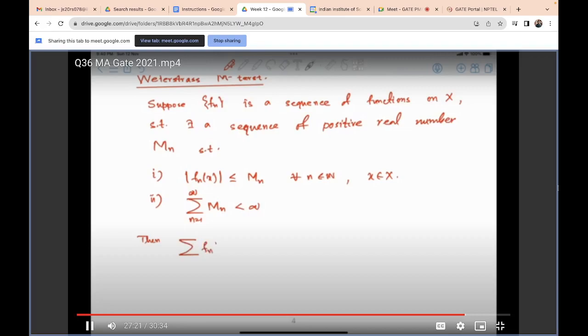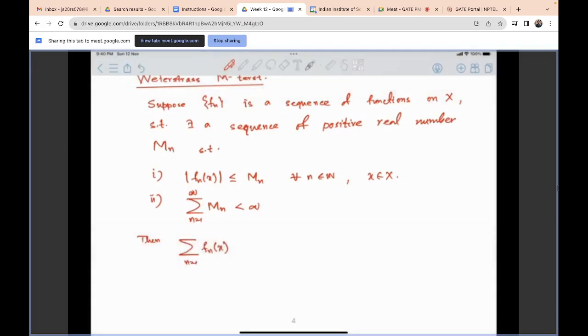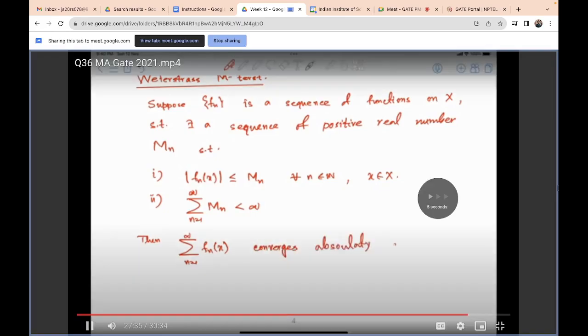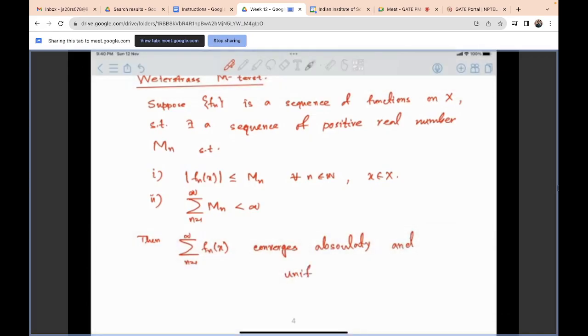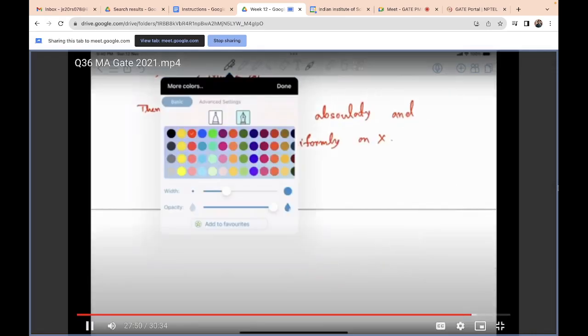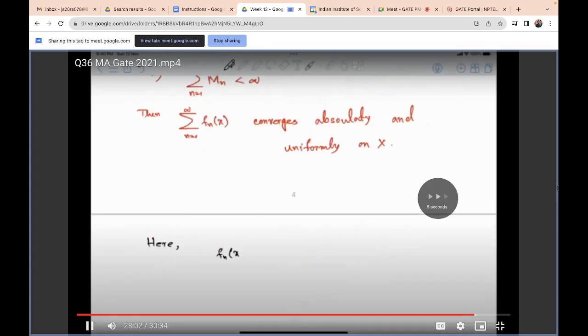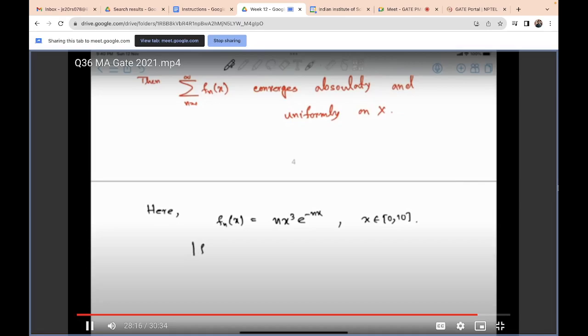Then the series converges uniformly on X.